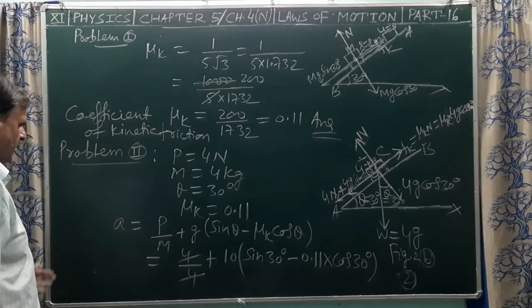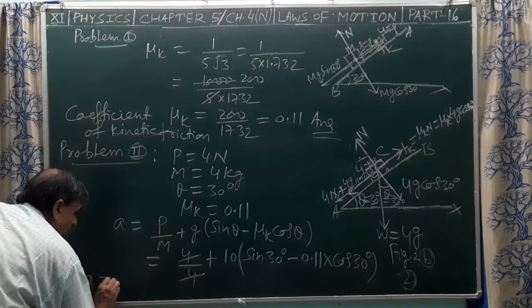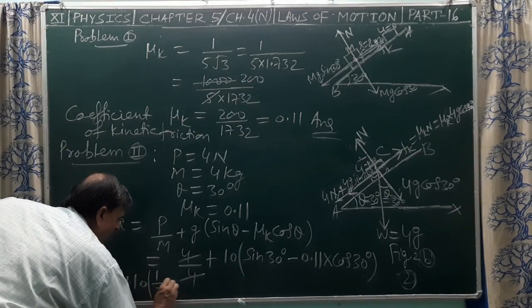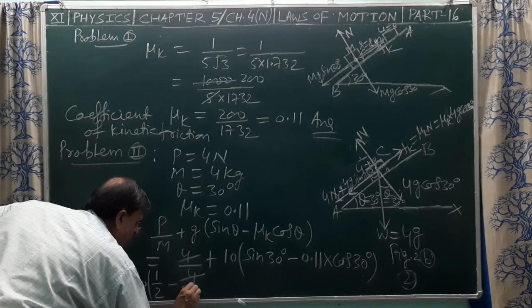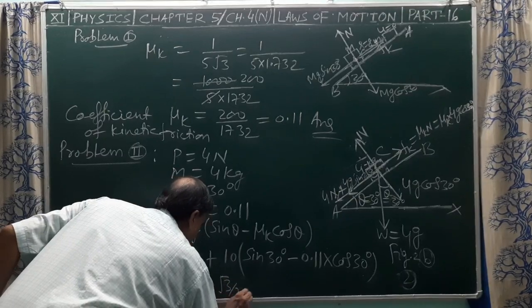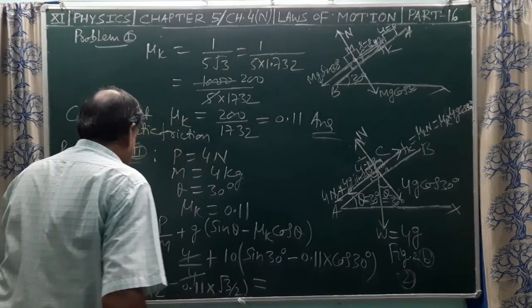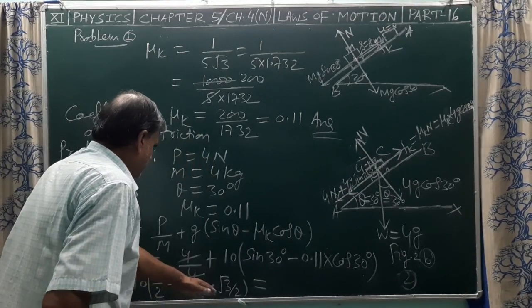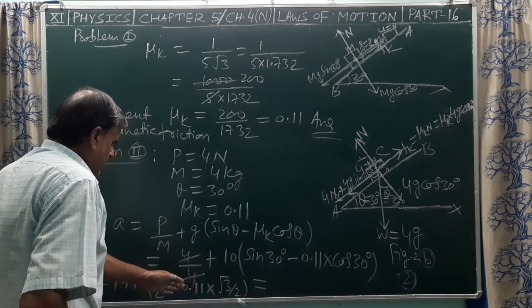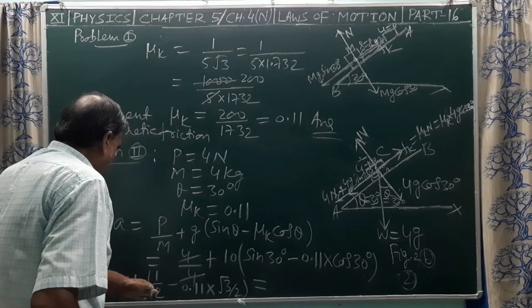So we have A equal to downward acceleration, A equal to now 1 plus 10 sin 30, half, 1 by 2, minus mu k is 0.11 multiplied by cos 30 is root 3 by 2. LCM of the bracketed two terms will be 2. So 10 will cancel out by 2, it is 5.